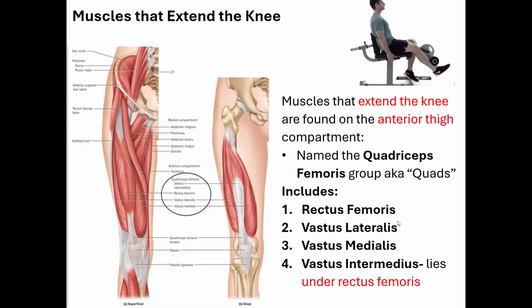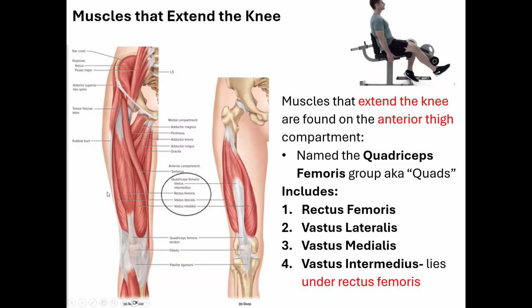There are four muscles here. The muscle in the middle, the main muscle, is called the rectus femoris. And then there are three vastus muscles: vastus lateralis, vastus medialis, and vastus intermedius.